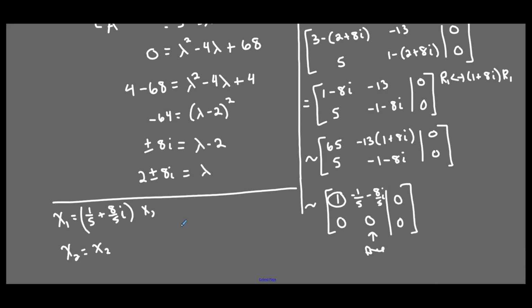So if I want an eigenvector, if I let x2 be 5, that would cancel out these fractions. I would get 1 plus 8i and 5. All right. Now, turns out that's all I need. I just need this one vector with this one eigenvalue.